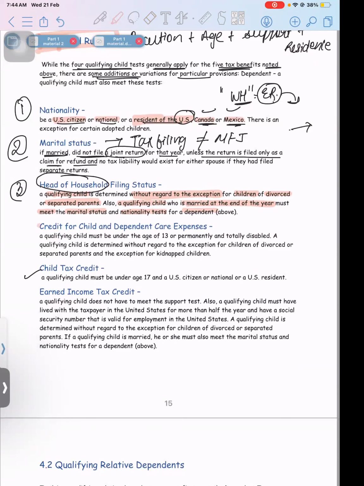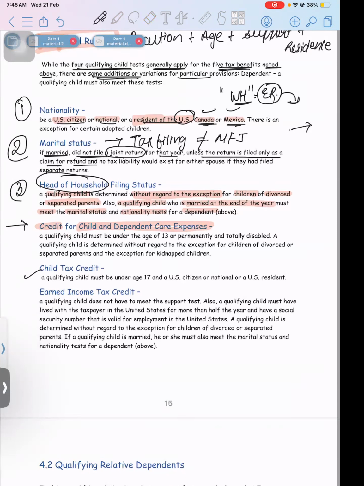Next one is the credit for child and dependent care expense. Now, in US taxation, you are going to get this benefit. What the benefit actually is: let's say you are claiming a child on your tax return.